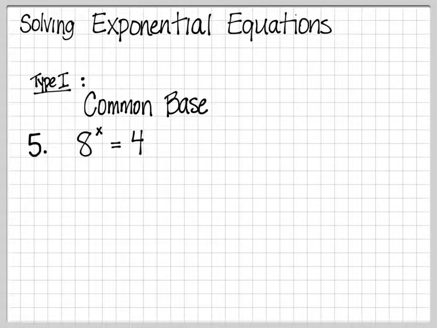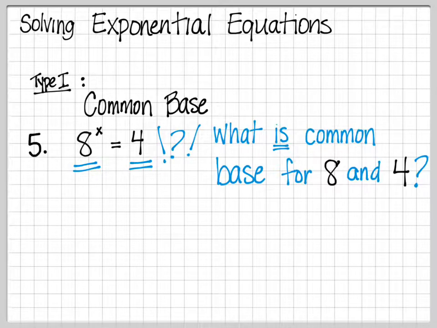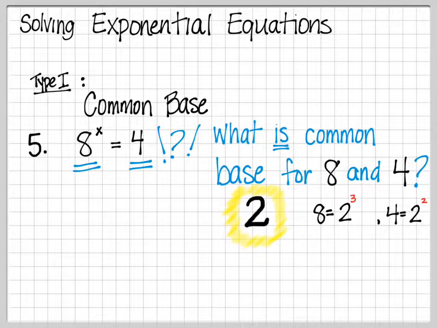The next problem. 8 to the x equals 4. And, well, I can't write 8 as a base 4, and I can't write 4 as a base 8, but both 8 and 4 have a common base, and that is 2. 8 is 2 to the 3rd, and 4 is 2 to the 2nd.